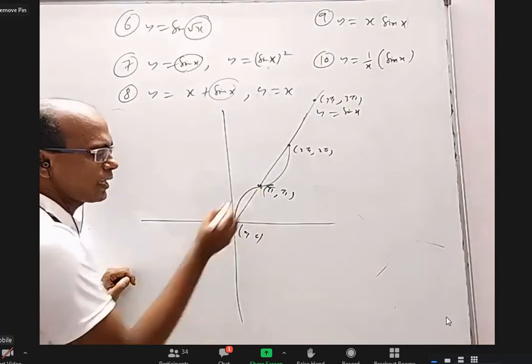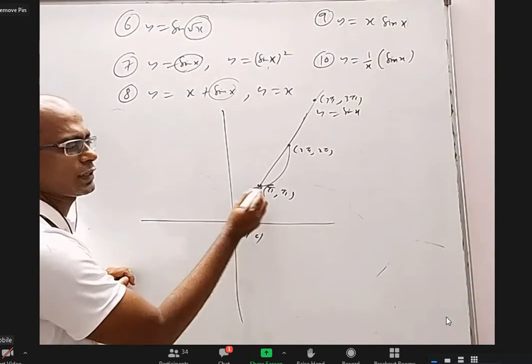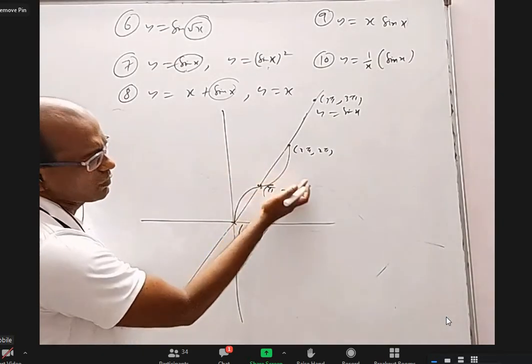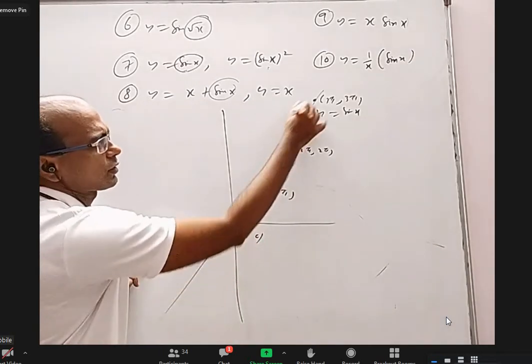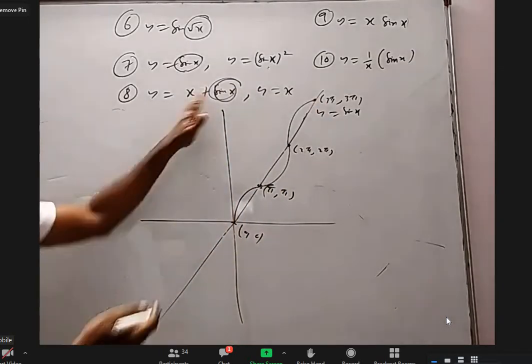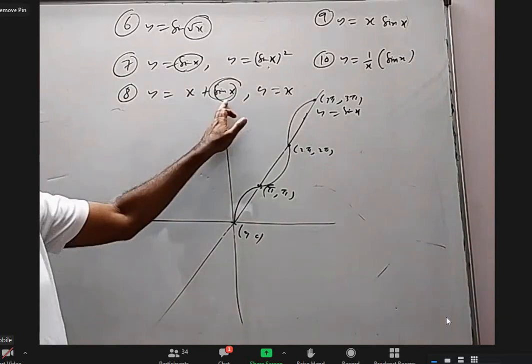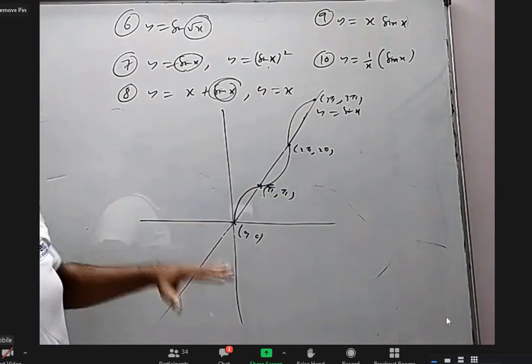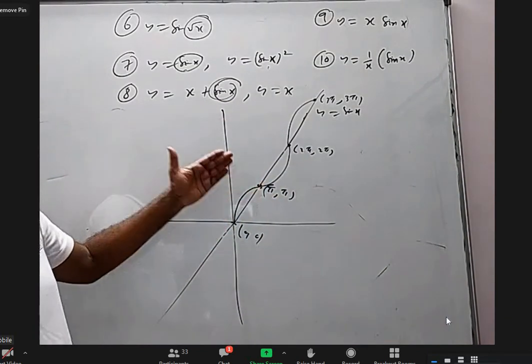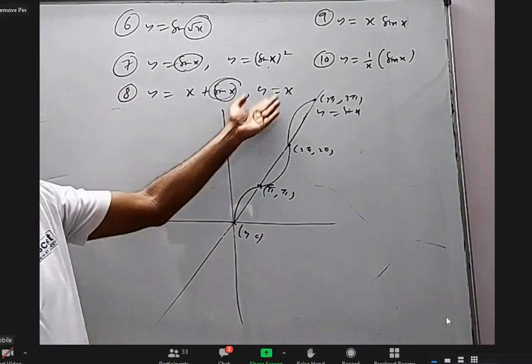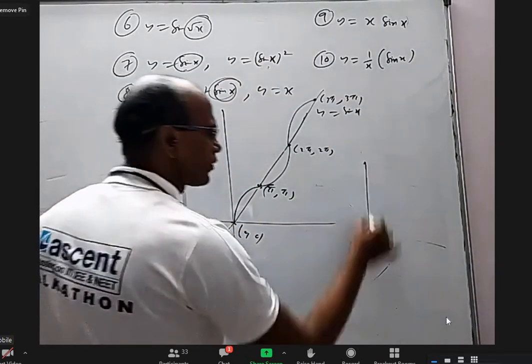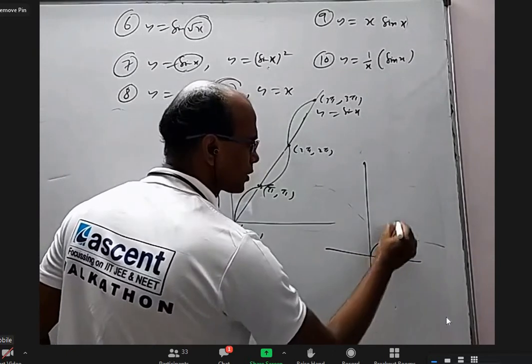Here and here it should be the same, but in between it should be above, and then in between below. Whenever sin x is positive, the graph will be above x; whenever sin x is negative, it will be below x. Because this is y equal to x, either it will be above x or below x: above, below, above, below. So the final graph will come like this.